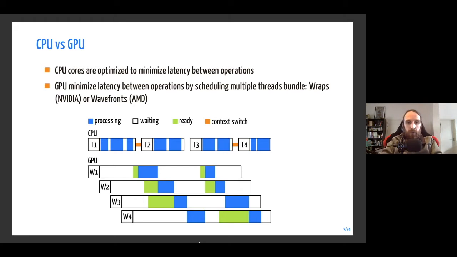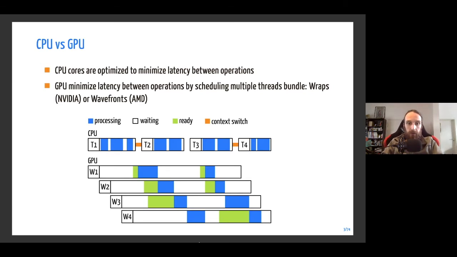With this difference, the consequence is that the way you send the work to the CPU and the GPU is quite different. With the CPU, you try to maximize the work done by one thread and minimize the context switch, while in the GPU case, you will send a lot of threads organized in warps, or wavefronts if you are using AMD hardware.